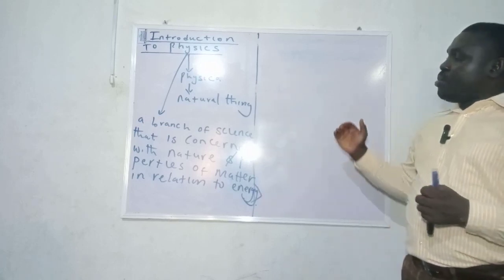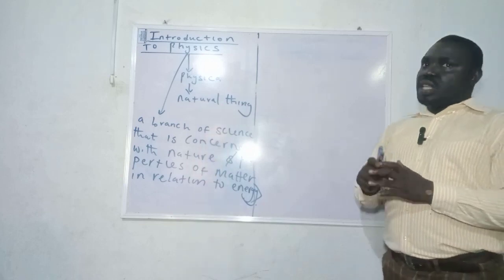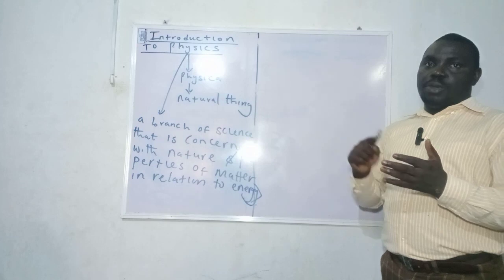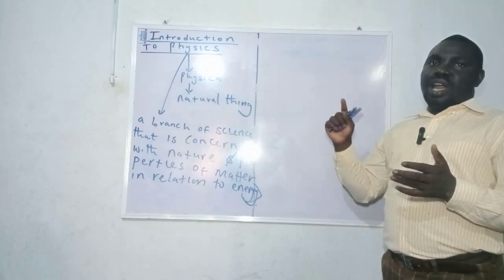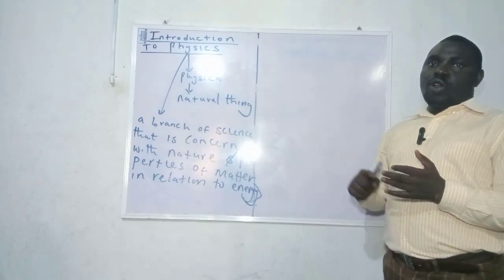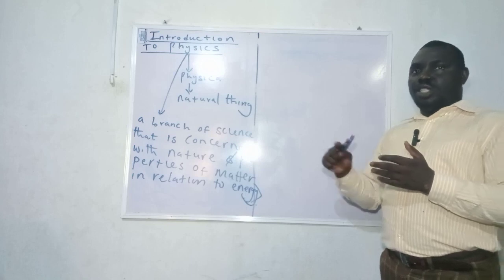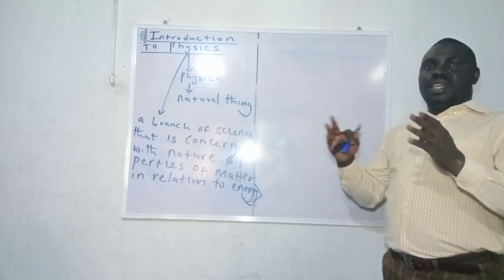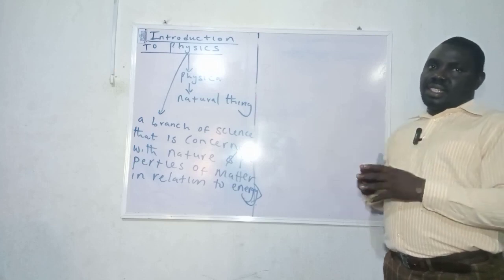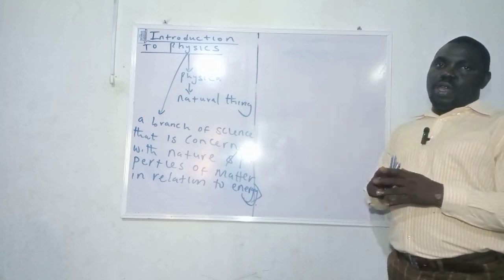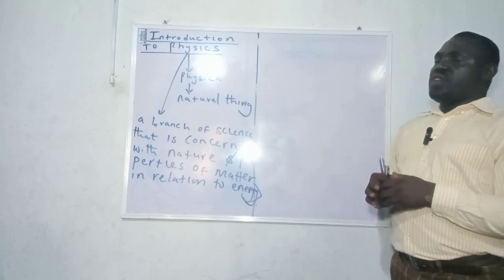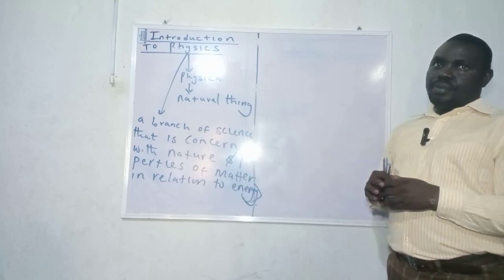And then talking about the branches of physics, there are so many branches. We have astronomical physics, atomic physics, cosmology, and then we have magnetism, electricity, light, and electromagnetic waves. We have various branches as you come into physics proper.